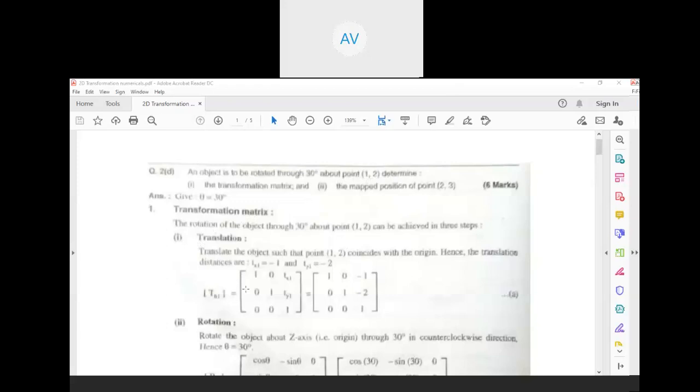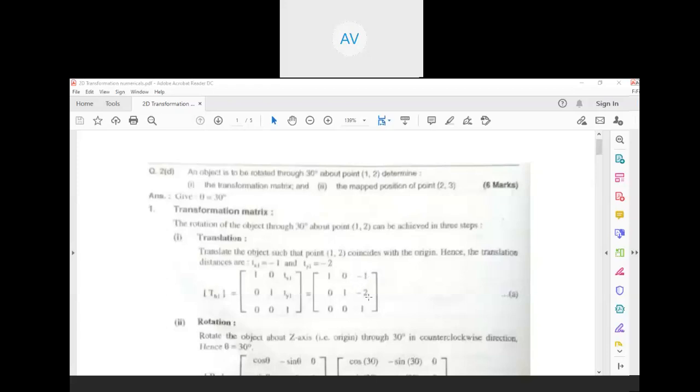So first we will translate the point to the origin. The tx value will be -1 and the ty value will be -2. The translation matrix is written as [1 0 tx; 0 1 ty; 0 0 1], so we put the values of tx and ty, -1 and -2, in this translation matrix.